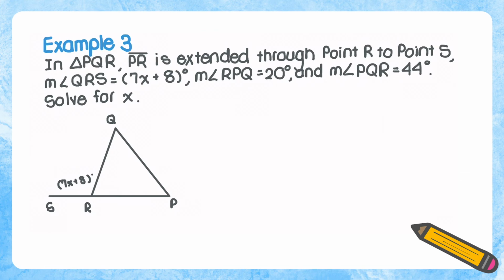And then my measure of angle RPQ is 20 degrees. The measure of angle PQR is 44 degrees. So I've set up this triangle, and I'm going to add some color just so it's a little easier to see. So we have the exterior angle, and then its two remote interior angles.